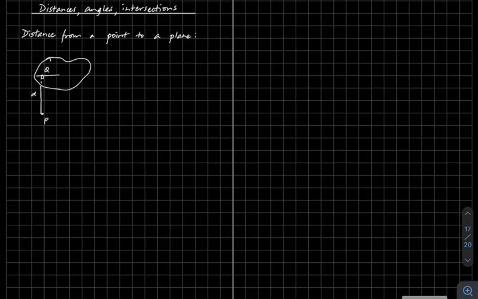Now, if we're given the equation of the plane, a couple of things to say straight up. One is that the vector or the line PQ is going to be parallel to any normal vector to the plane.